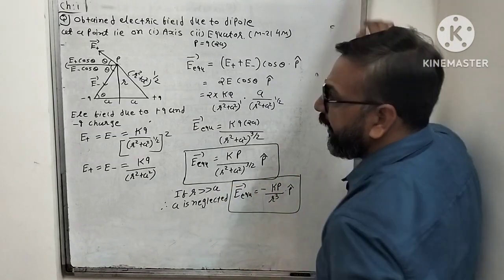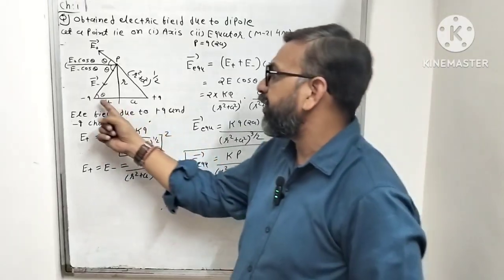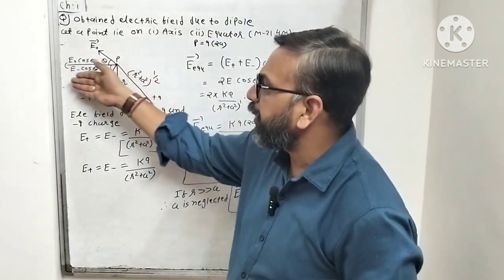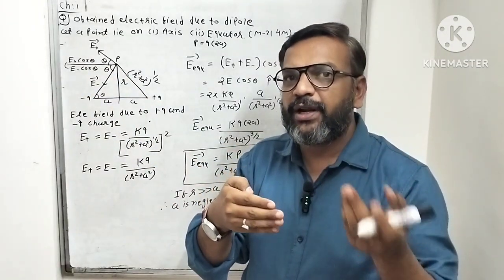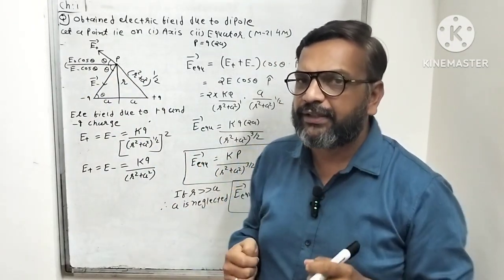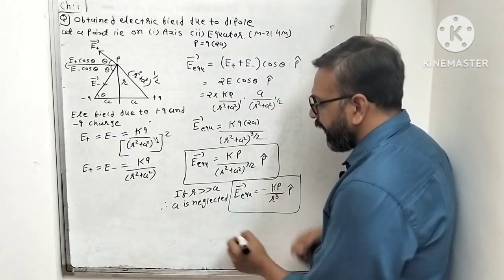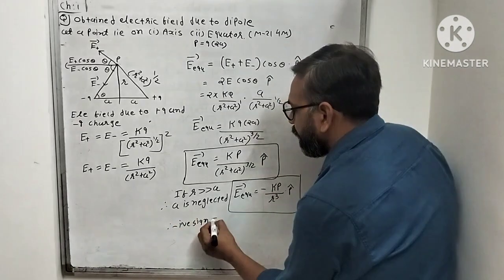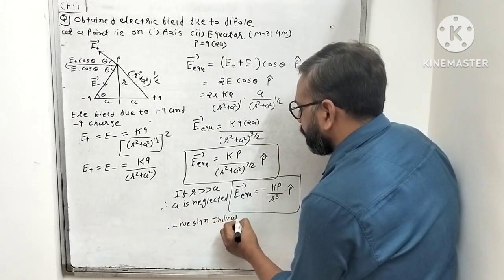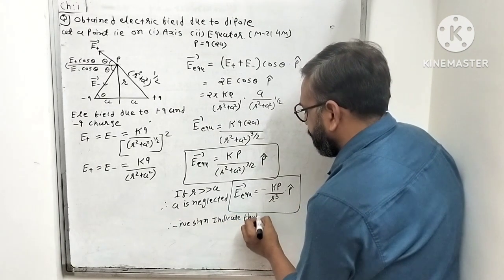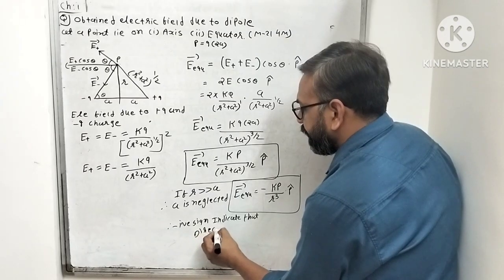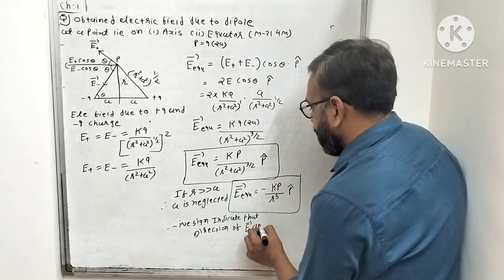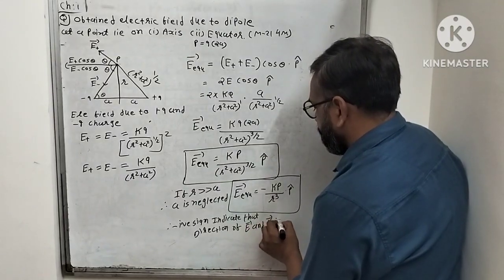But here we write a negative sign, because the direction of the dipole is from negative to positive charge and the direction of the electric field is from positive to negative charge. Both the direction of the dipole and the electric field are equal and opposite, so here we write negative. The negative sign indicates that the direction of E and P is opposite.